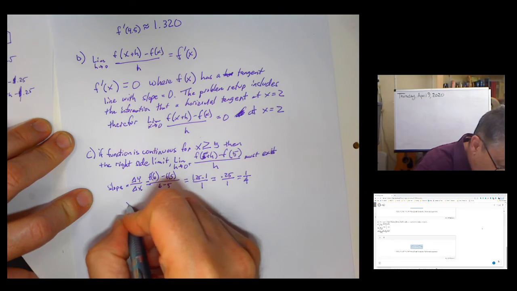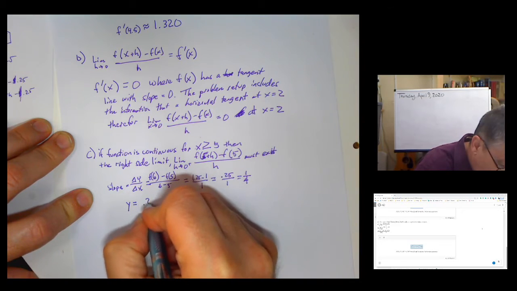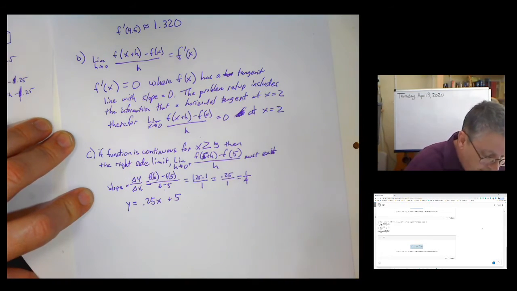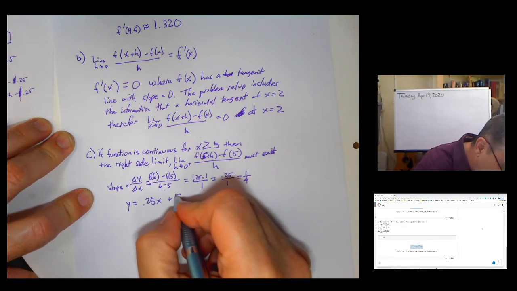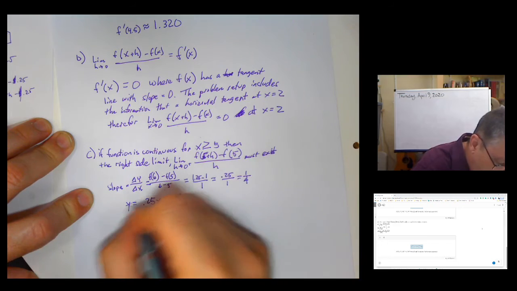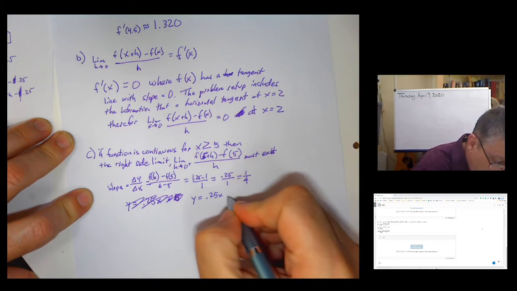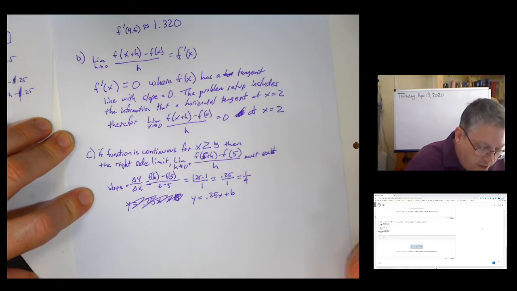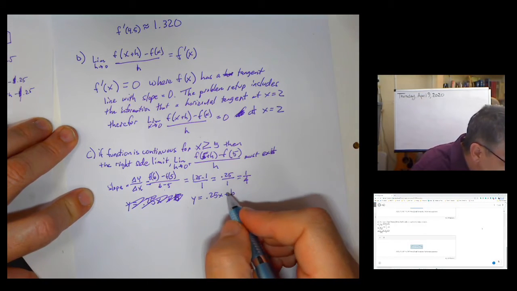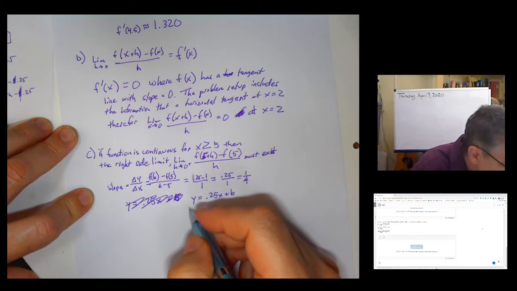Our basic equation here is going to be y equals 0.25x plus b. And that works for a line, right? And we know it works because it's a line. But now we have to find out what b is, right? So we know it's a line. We can stick any x and y we want in there and then solve for that.